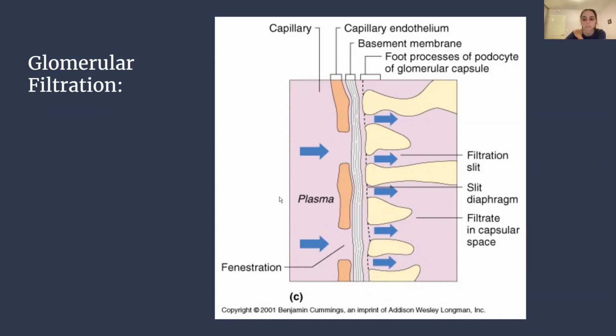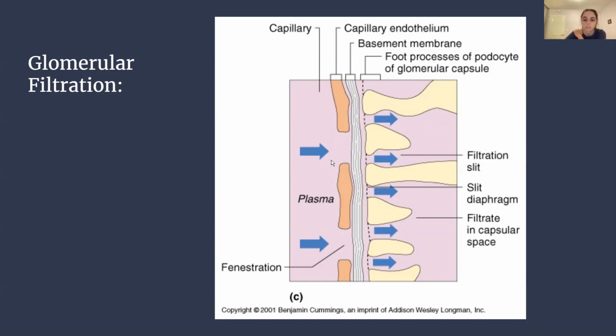Imagine the left side is the glomerulus, the capillaries, and the right side is the Bowman's capsule, or the glomerular capsule. Now, fluid is filtered from the blood through these pores called the fenestrae, and these are located on the glomerular side, the capillary side.